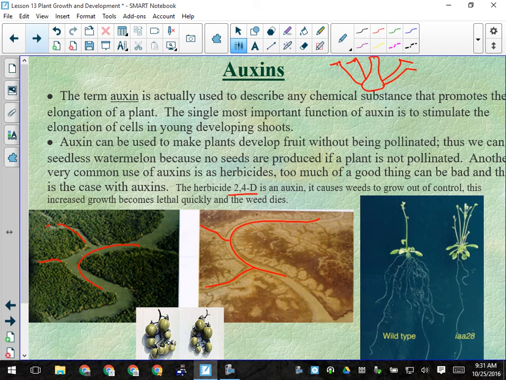This is the stigma and the style, and the ovary is actually at the base of the flower. And the ovary is what becomes the fruit. But it only becomes the fruit if pollen, which contains plant sperm, lands here and fertilizes the egg that is in the ovary. That's how you get fruit.